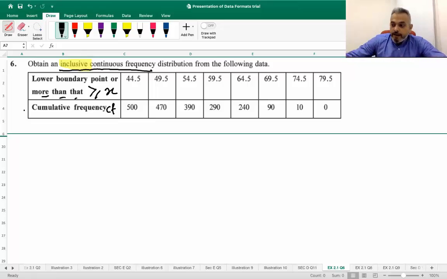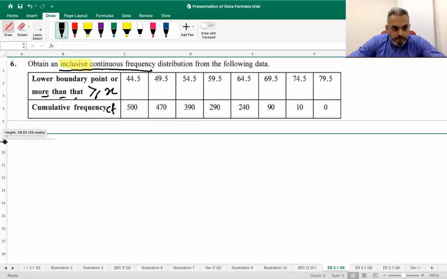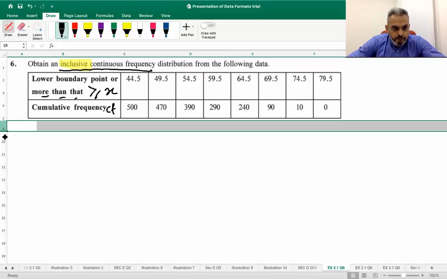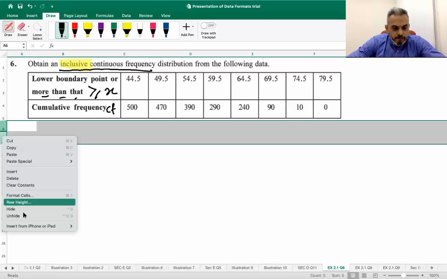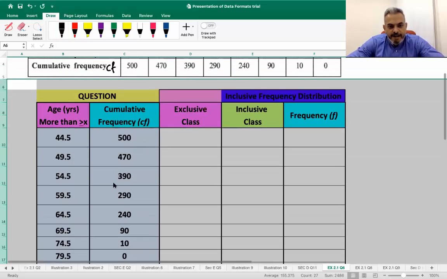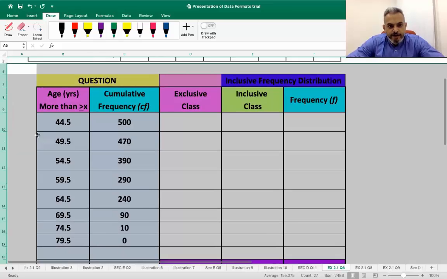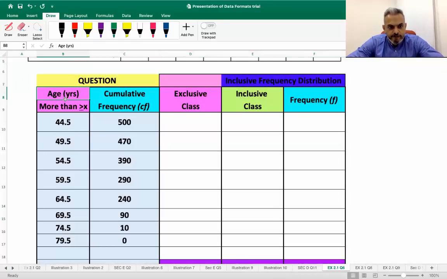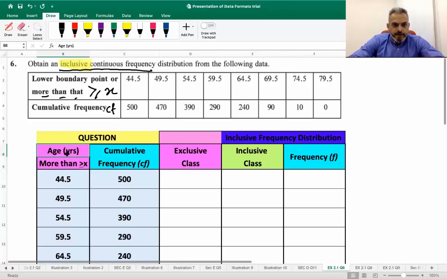Now let's first write the question. Make a format like this. Write the question first. Years, just more than type.